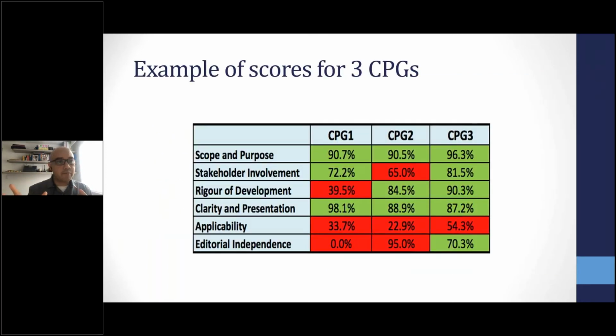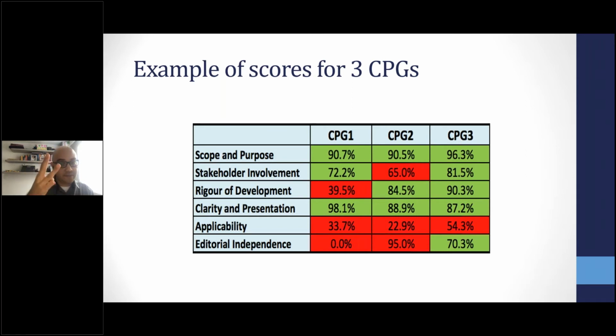So this is an example of how we got three specific clinical practice guidelines. These guidelines are for a specific disease. We get a proportion, that means a percentage, for each one of the 6 domains for each guideline, and we can compare. In this case, we can see that the rigor of development, as I told you, was one of the most attractive domains.